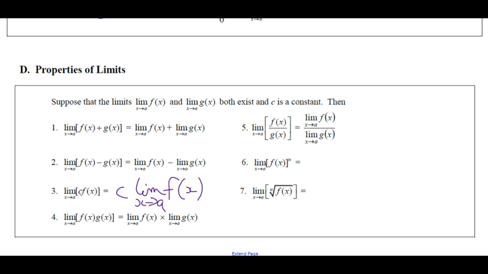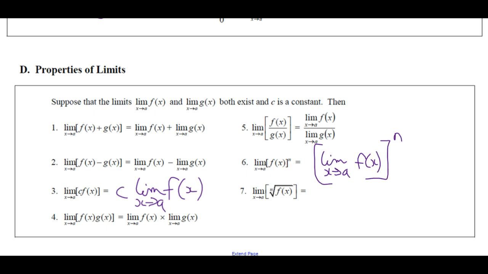The limit of a function which is raised to a power is equal to the limit of the function raised to the power. So if you have that situation, you can just find the limit of f of x, and then raise it to the power.